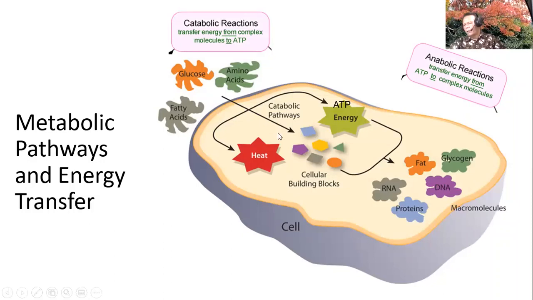After entering this cell, these molecules will be converted into smaller ones that we call cellular building blocks. In the catabolic pathway, this pathway will produce ATP, but a small amount of energy will be lost as heat.